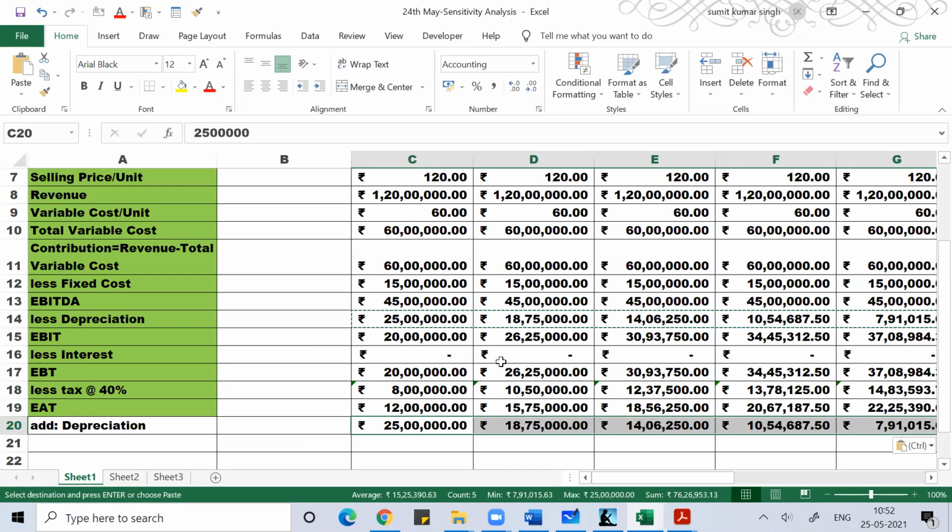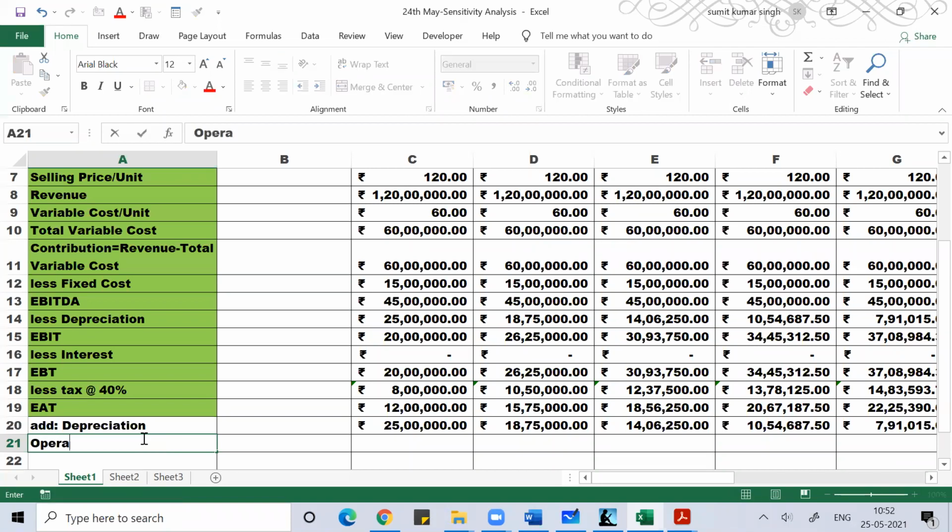Because you need to understand depreciation and amortization are non-cash expenses. In reality, that money never went anywhere, but you made that adjustment in your books of account to save yourself from the payment of tax. So you need to add it back, and when you add it back, what you get, we call an operating cash flow. So operating cash flow is nothing but profit after tax plus depreciation.